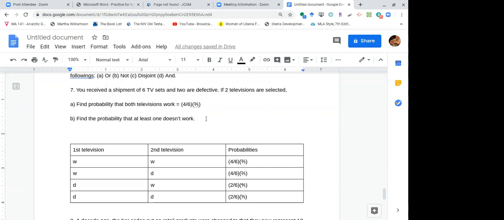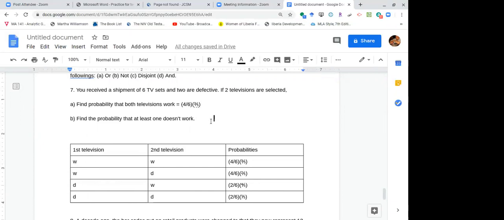Now, the probability that at least one does not work. This is why I wanted to show you this setup. The probability that at least one doesn't work. So every line on this table includes one that doesn't work, except for the top. Right. Does that make sense? Mm-hmm. So conceivably, you could multiply all 3 and add them together, or we could use the complement.